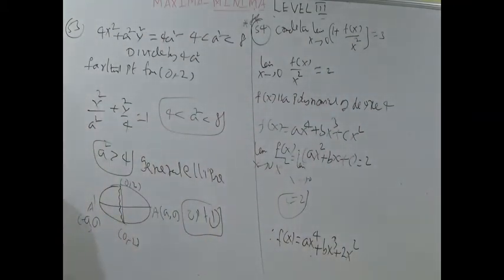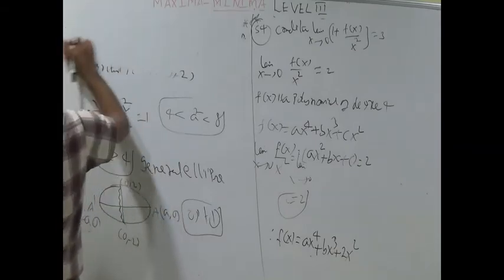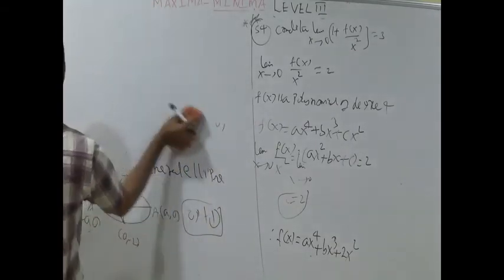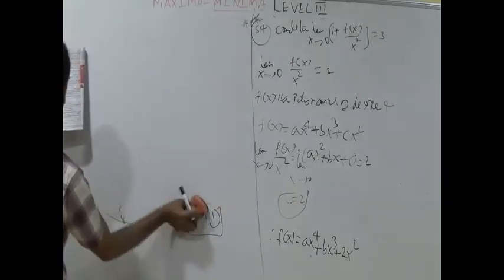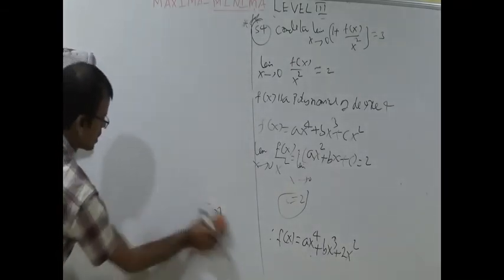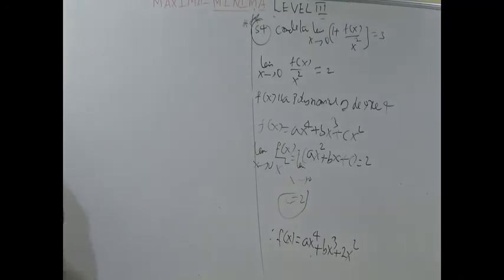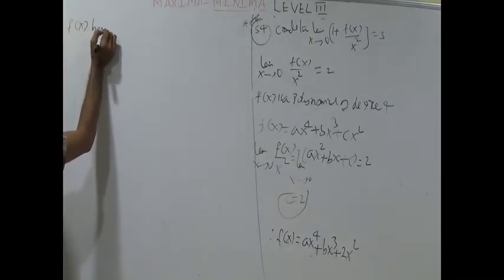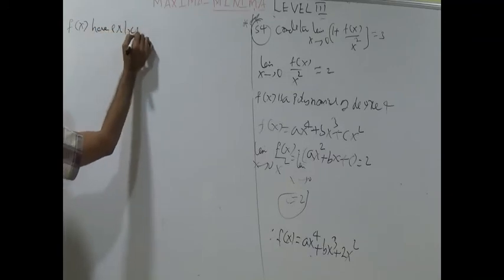Next, let us discuss the extreme points. f of x is a polynomial of fourth degree, and at x is equal to 1 and x is equal to 2 it has extreme values.